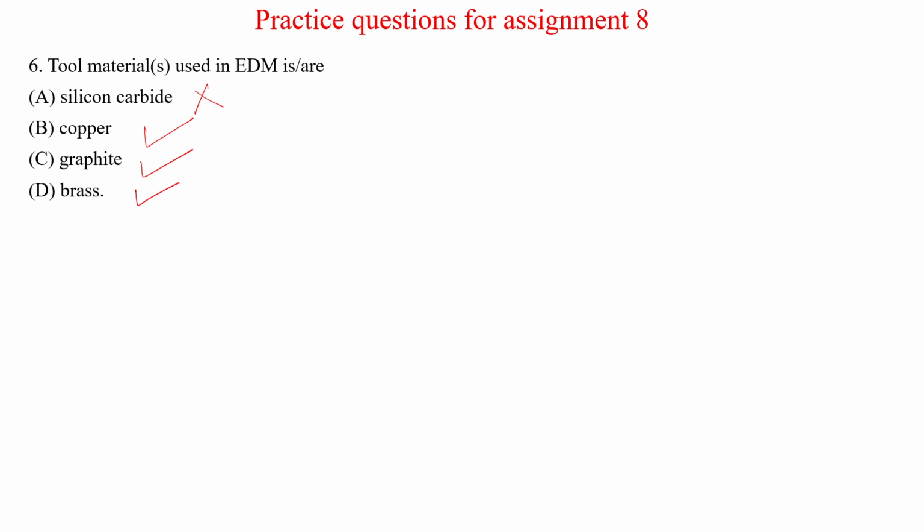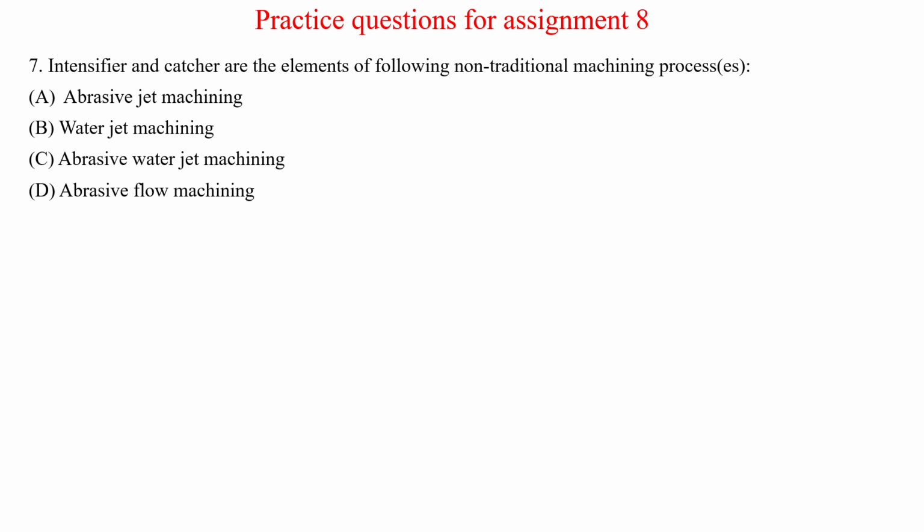Therefore, any material used as an electrode is required to conduct electricity. Copper, graphite and brass are good conductors of electricity, but silicon carbide is not. Therefore, it is not used. Okay, fine.